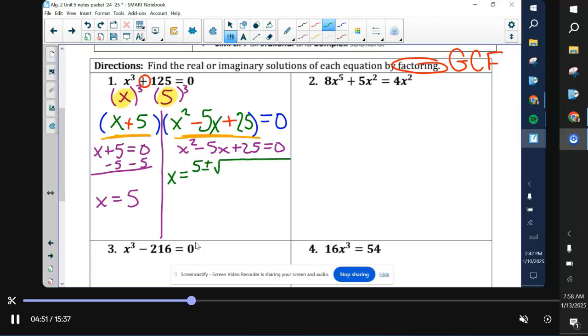So I plug that in. Why don't you hit pause, complete that problem using quadratic formula, and then come back and check.